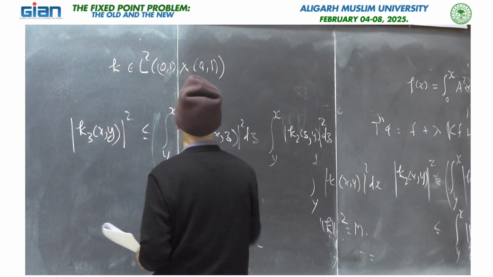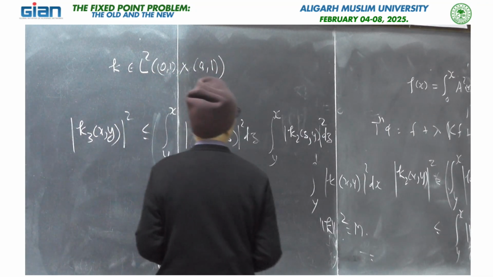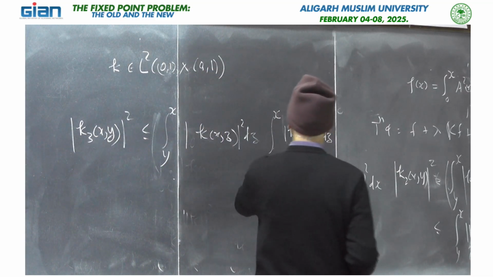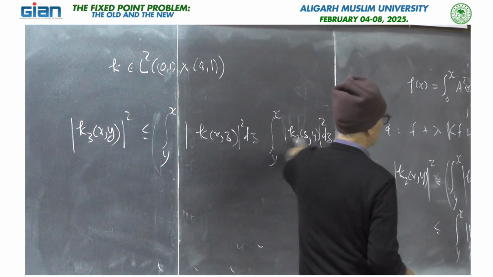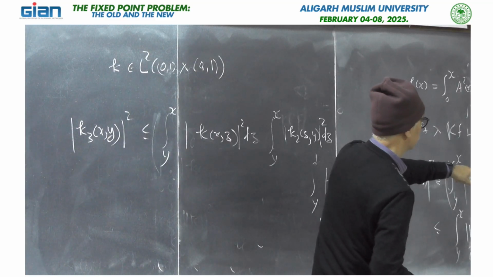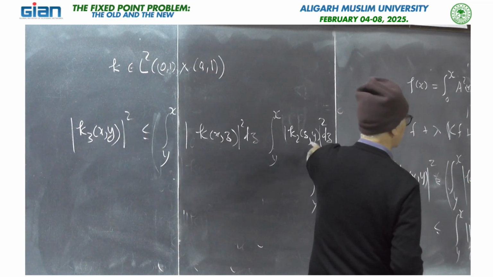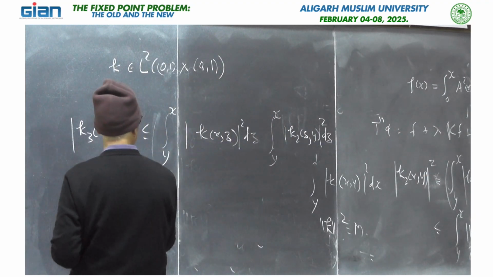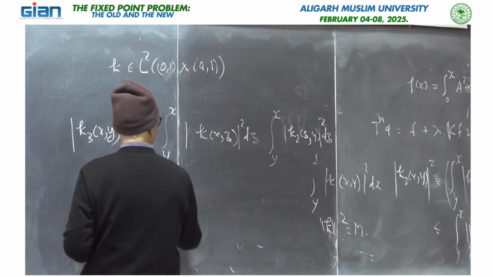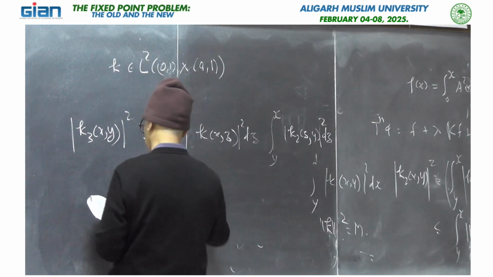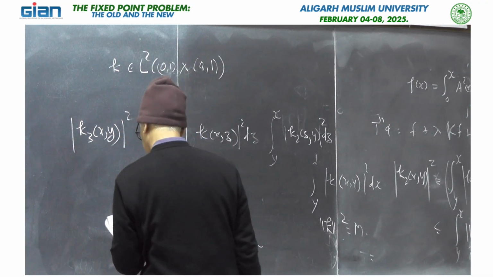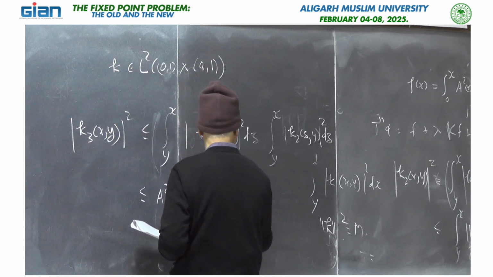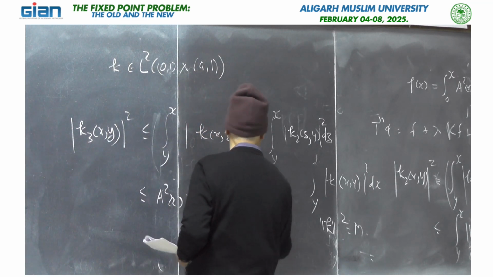Now again you have to see that for K2 we use that a squared x will be replaced by a squared z and b squared y. Then again you have a squared x b squared y, times the integral from y to x of a squared z dz.